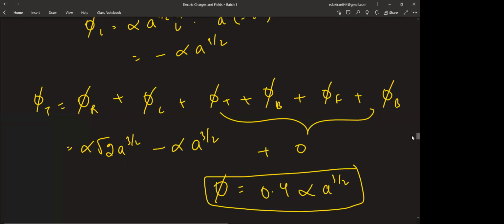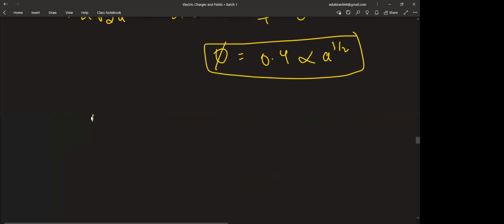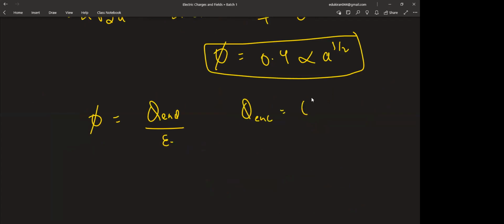This is the flux, but the question asked us to calculate charge also. If flux is charge enclosed divided by epsilon naught, then charge enclosed would be flux into epsilon naught.